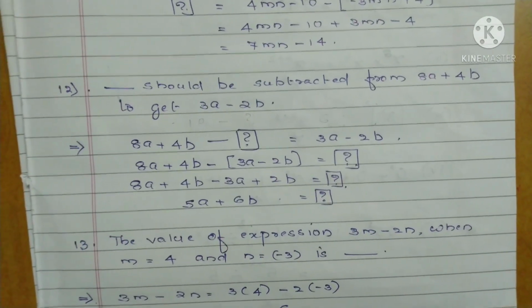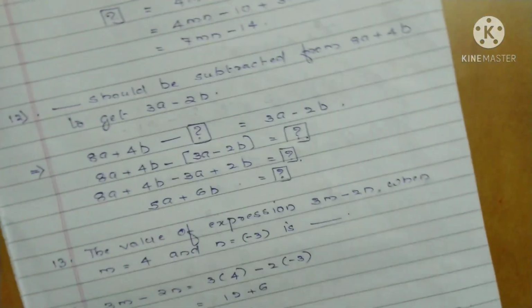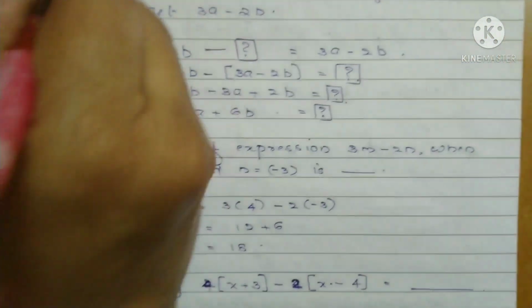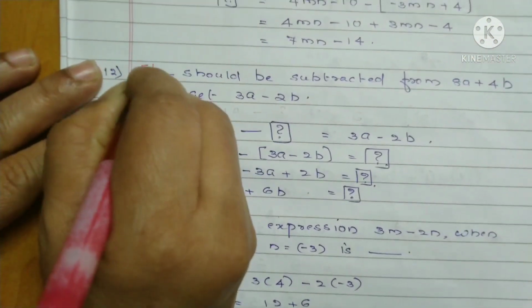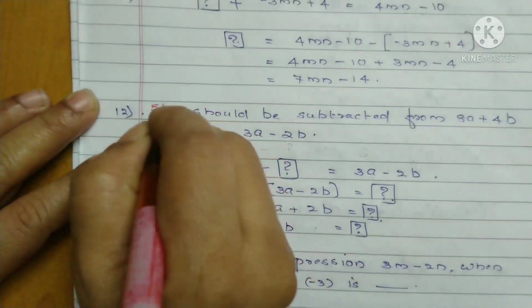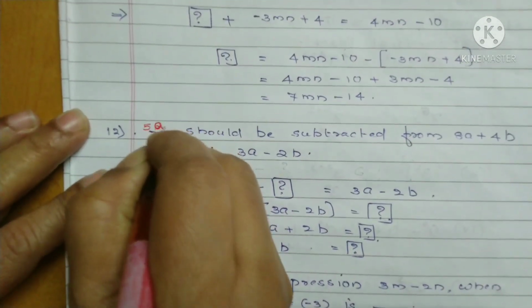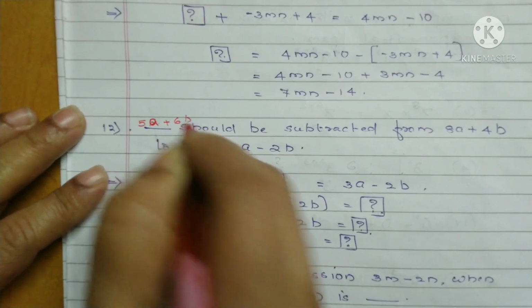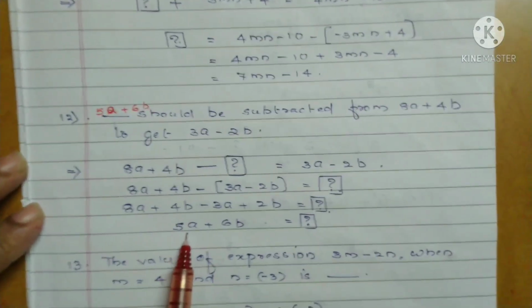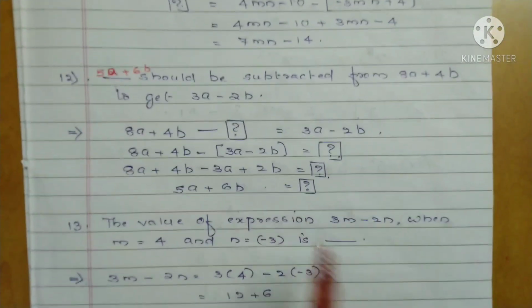So what should be subtracted? 5a + 6b should be subtracted.